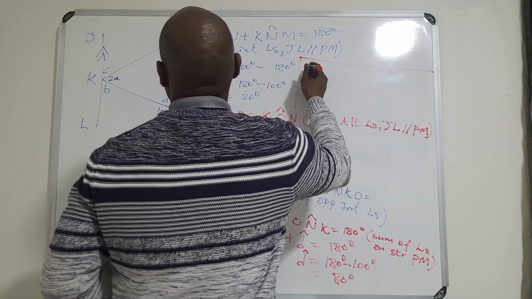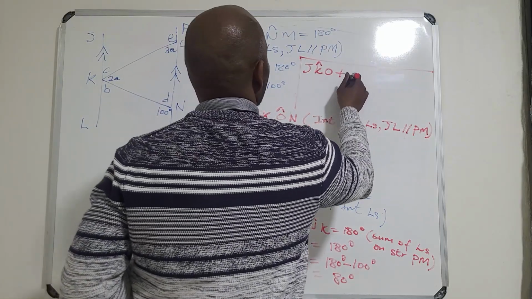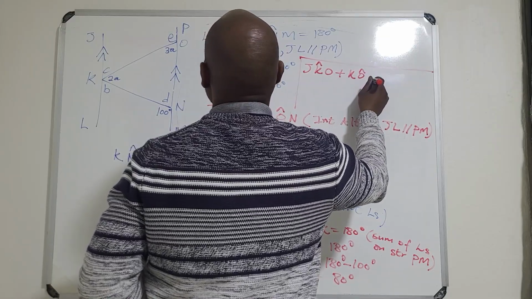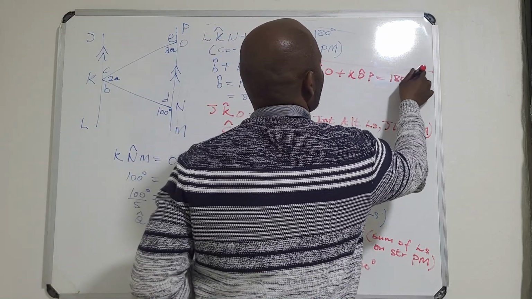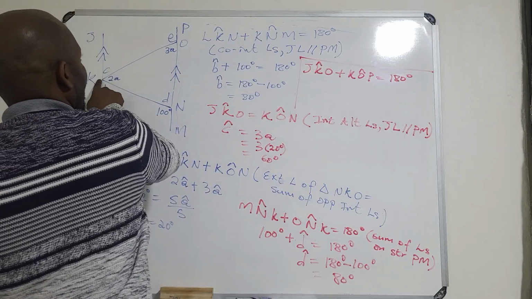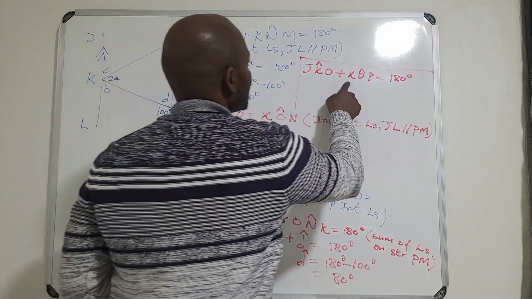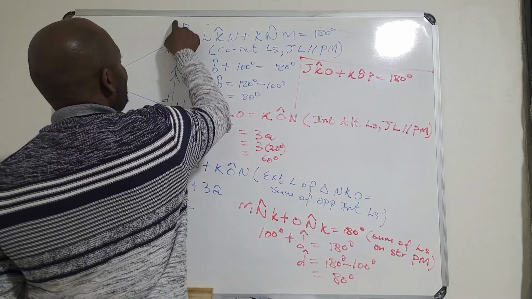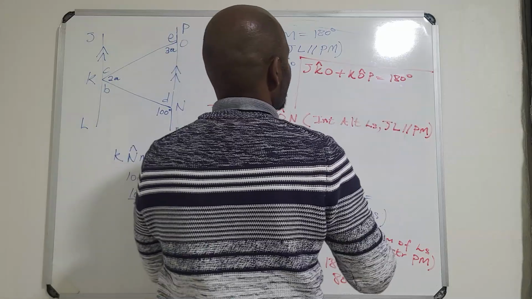Now, angle JKO plus angle KOP is equal to 180 degrees. Let's look at that. Angle JKO, which is this angle, plus angle KOP, which is this angle, is equal to 180 degrees.